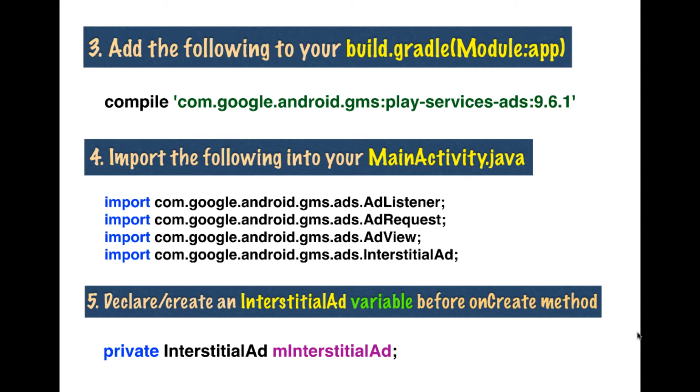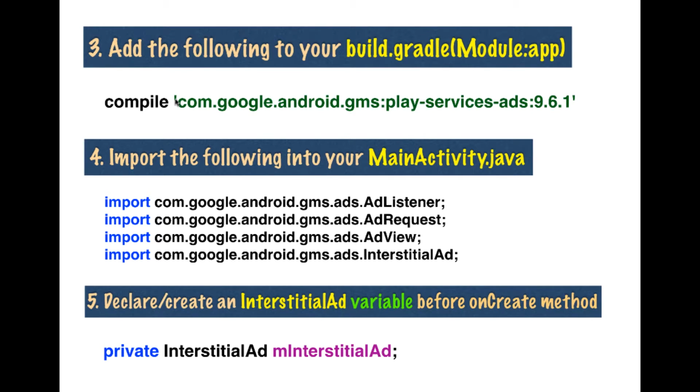And the next step is for you to add the following. So number 3 is add the following to your build.gradle, module: app. So you have to add this as one of your dependencies.